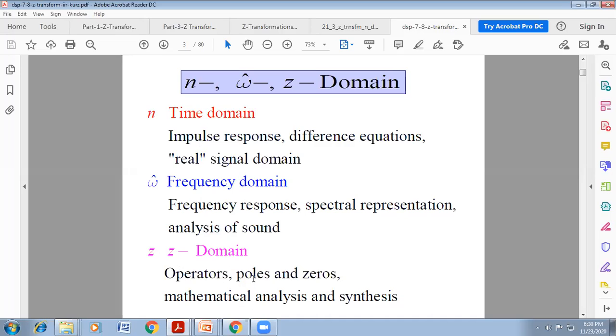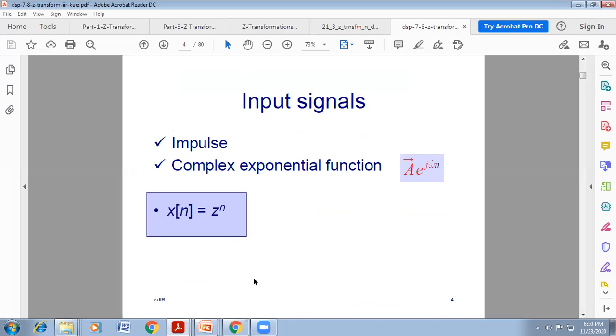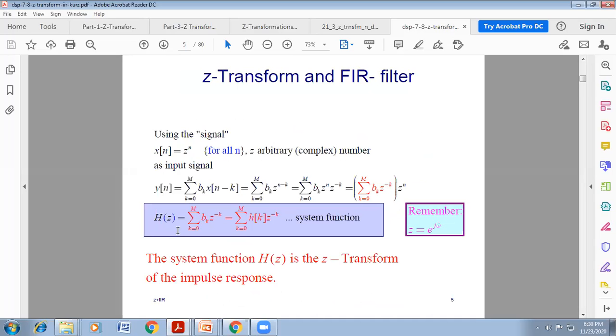Actually, we use this in complex analysis. Now, input signals: impulse, complex exponential function like this, and Z transformation can be written as the sequence like this. Z transformation FIR filter: this is using the signal x[n] equals z to the power n for all n, where z is an arbitrary complex number, as input signal, and the output can be represented by this y[n].